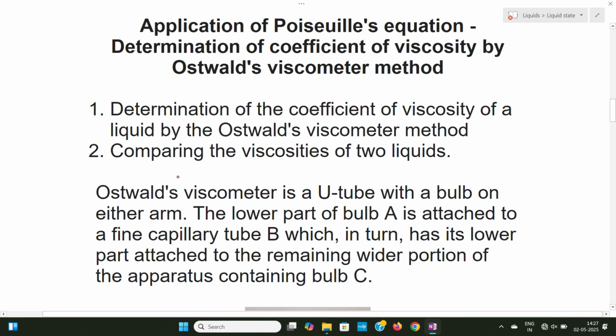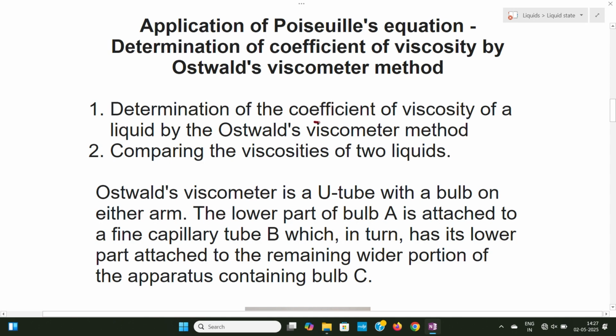First is the determination of the coefficient of viscosity of a liquid by the Oswald viscometer method, and second is comparing the viscosities of two liquids. Now, let us see the applications one by one.